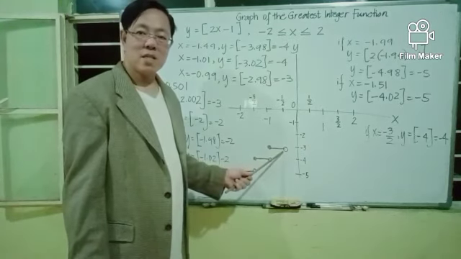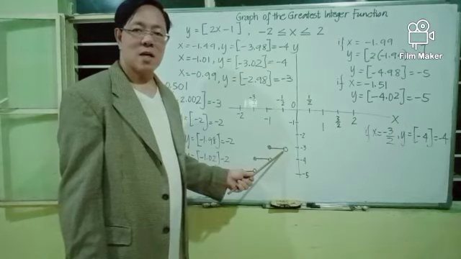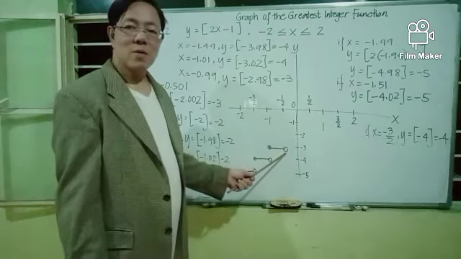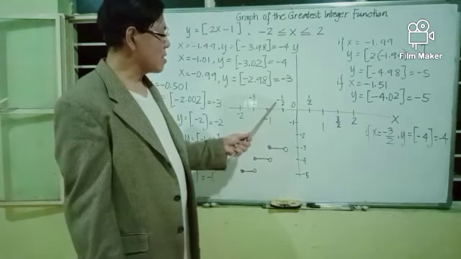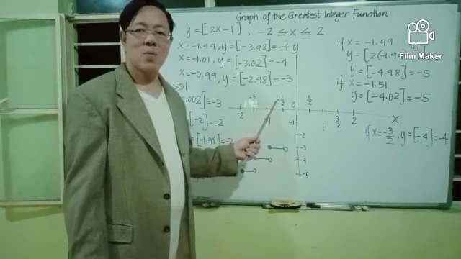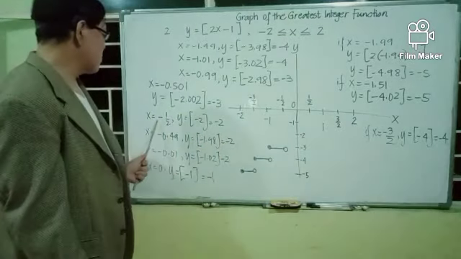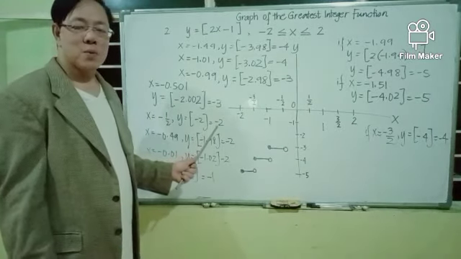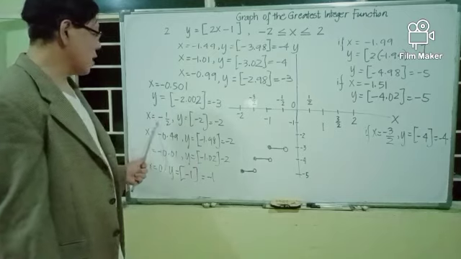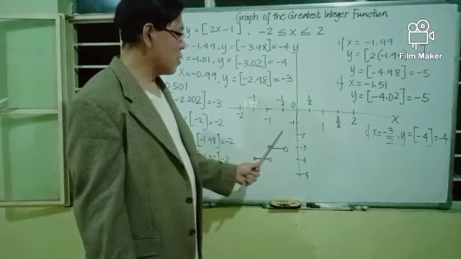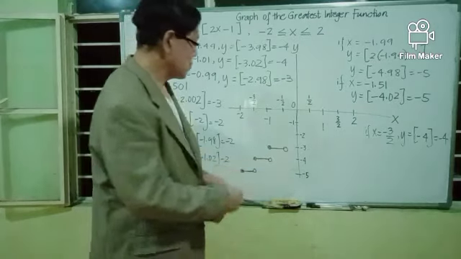That is why at this point we draw an open circle to indicate that this is not the graph for the value of x equals negative 1 half. Because if x equals negative 1 half, the value of y is negative 2. So we plot this point negative 1 half and negative 2. X is negative 1 half and the value of y is negative 2.